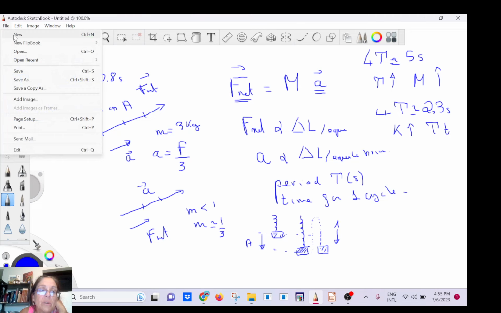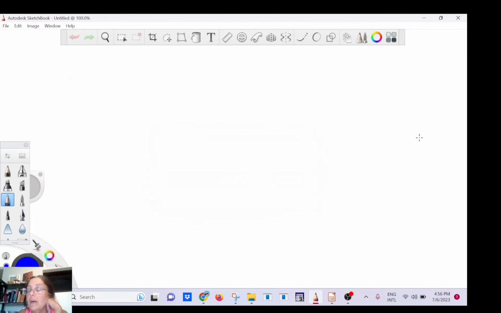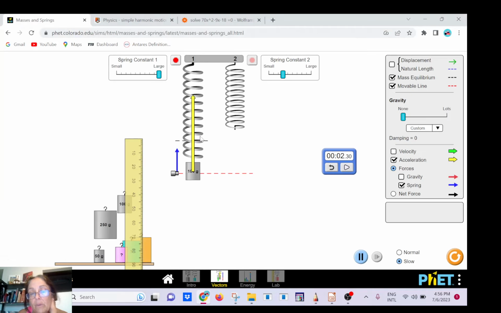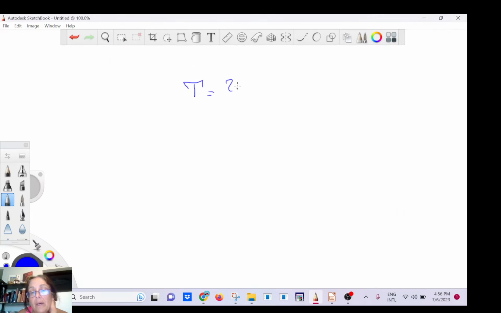And I will show you why in the coming video, but the period of a simple harmonic motion, when it's a spring, is equal to 2 pi times the square root of m over k. You can guess the mass is at the top, of course, because if the mass increases, then the period is going to increase, and here you have your k, the spring constant.